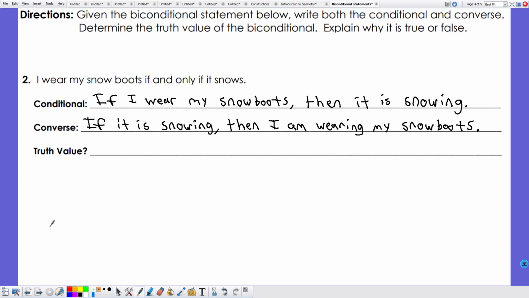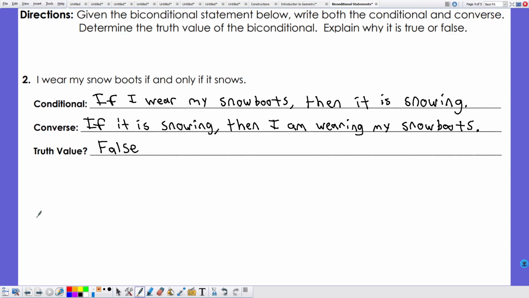If it is snowing, then I am wearing my snow boots. There's situations where that's probably not true because, if you're asleep at night and it starts snowing, I'm assuming you're not going to sleep with snow boots on, so you wouldn't be wearing your snow boots. So I would declare the truth value as false because the converse can be shown to be false.